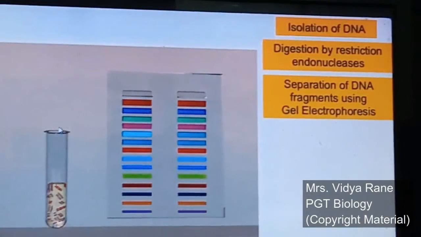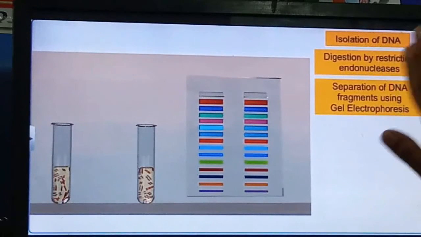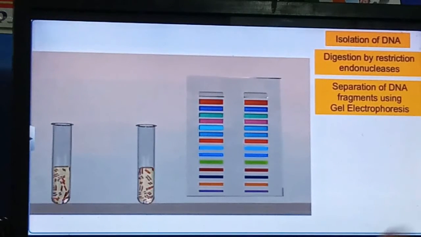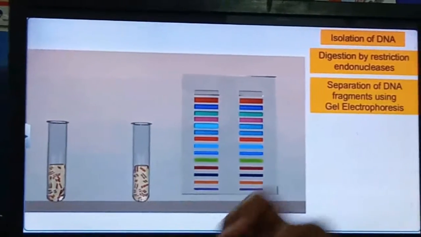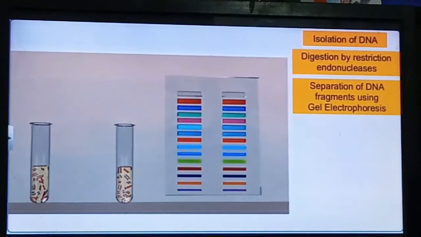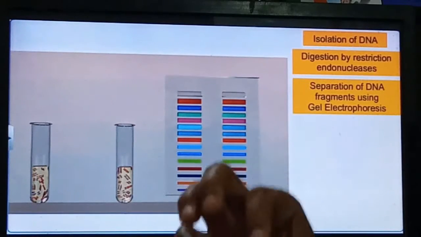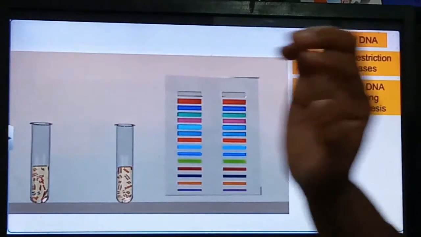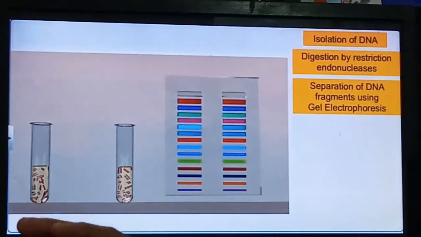This is the first step, where we select the DNA, then isolate the DNA. You know the isolation of DNA, we have a practical on that also. In isolation of DNA, you take any material from which we have to take out the DNA, right? Here we don't have to take a particular material only, because DNA is present in each and every cell of the human body, or any organism.